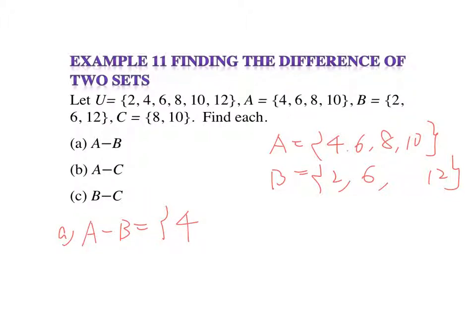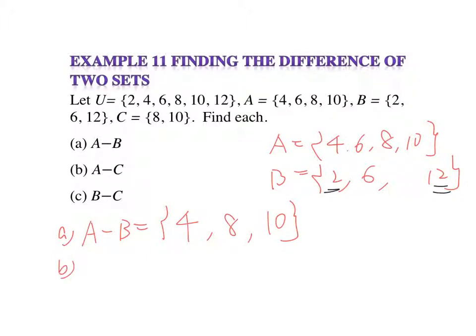And then 6 subtract 6 is 0. I should have 8 left, and I should have 10 left. Now you're saying, what's happening with the 2 in B? Notice that you're taking elements away from A. And because 2 and 12 were not in A originally, you can just ignore them.